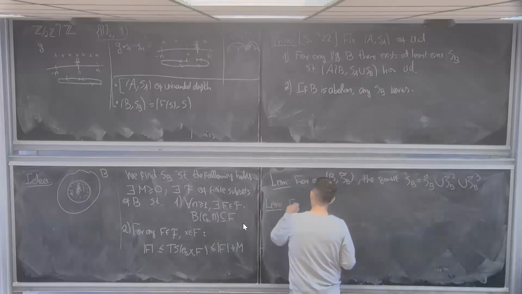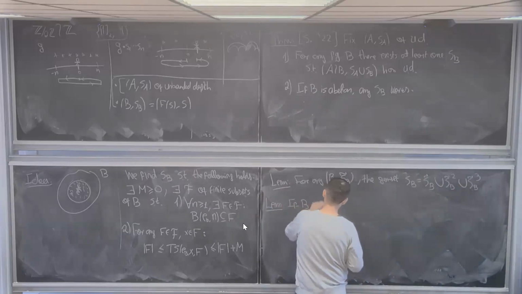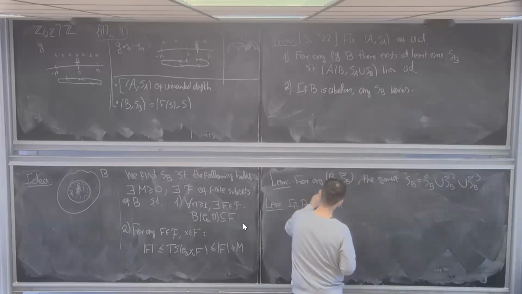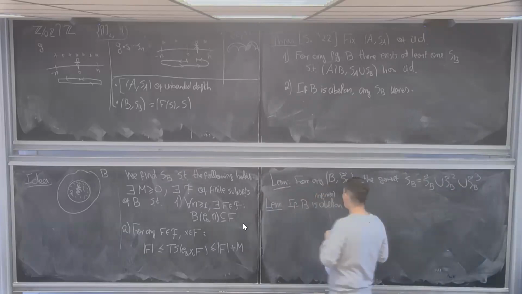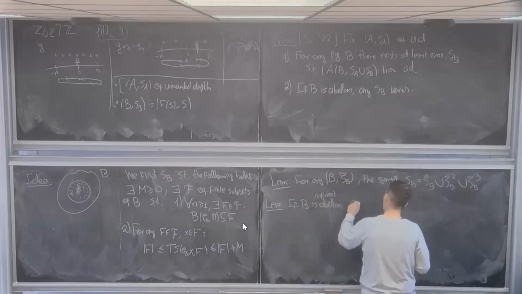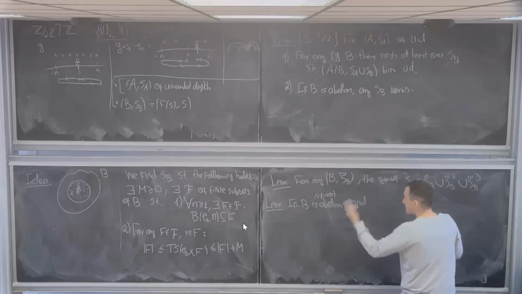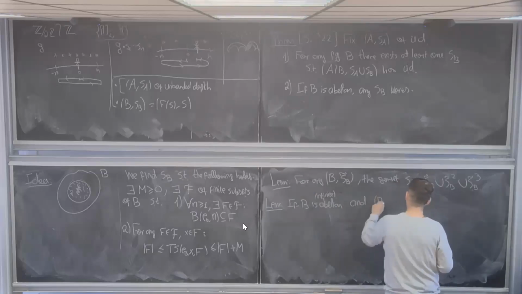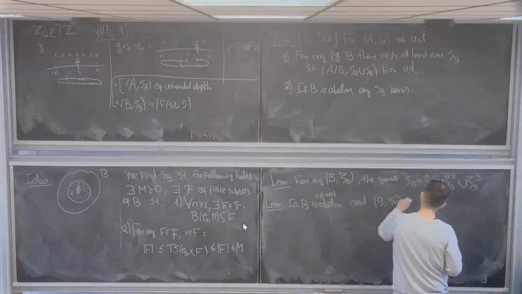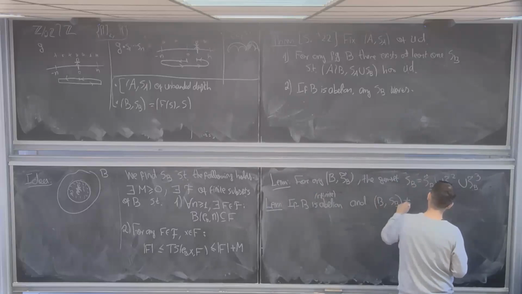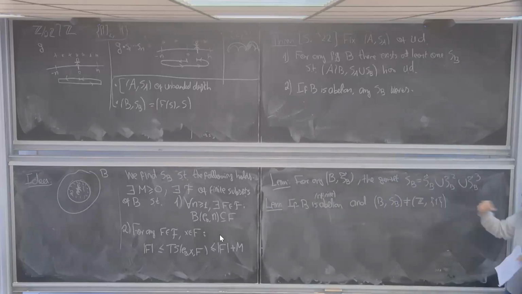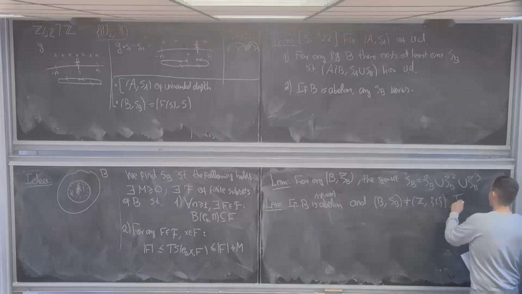So if B is abelian, infinite, and also we will fix a generating set, but we will suppose that it's different from the most basic one. It's different from Z with 1. So it's not a line, it's not a tree. So it has cycles.